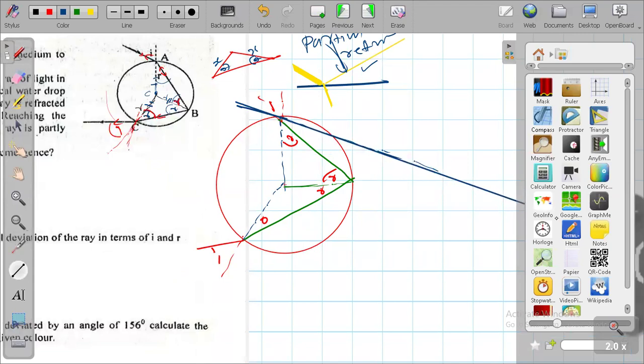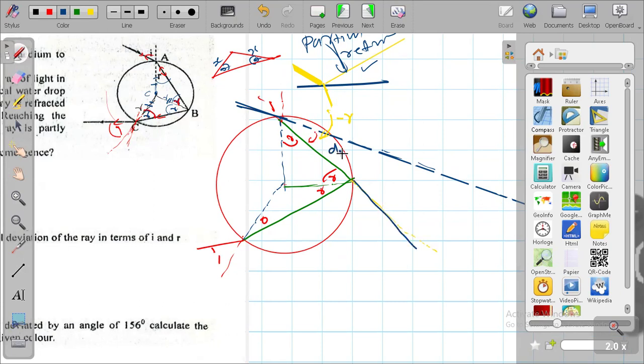But it didn't happen, because it had to bend here. Now, what is this bending? We can do this question in multiple ways. It is going to be I minus R. It was just about to move, and this is the deviation.